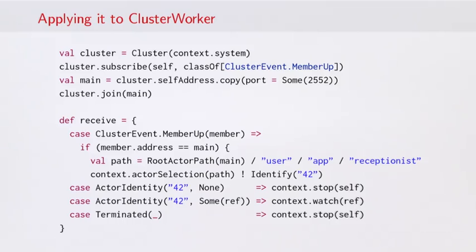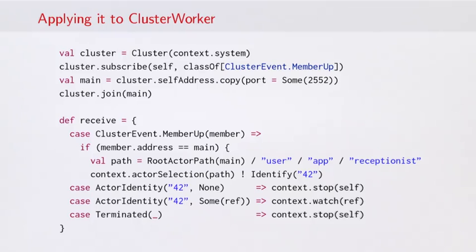We can construct the receptionist's actor path because we have the main address and we can form a root actor path from it. And then these paths have a little DSL built in where you can separate by slashes the path components. So this is the address of the cluster main /user/app/receptionist.